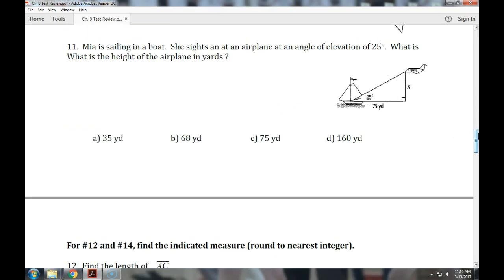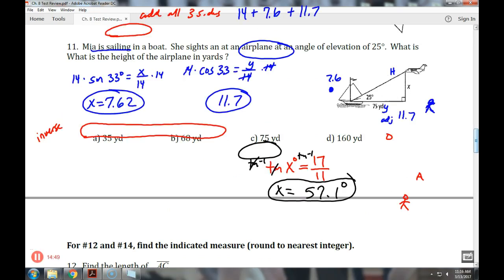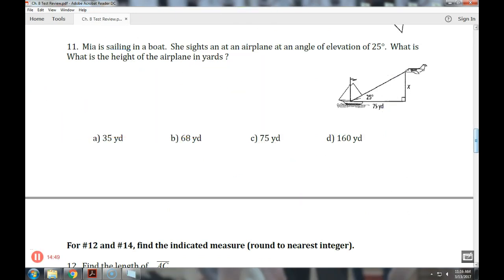So Mia's sailing in a boat. What is the height of the airplane in yards? So the picture's drawn for me, so angle of elevation, kind of nice. So if I stand on the angle that's given, this would be opposite, this would be adjacent. This again looks like a tangent problem, except for I know that I'm standing on 25 degrees.